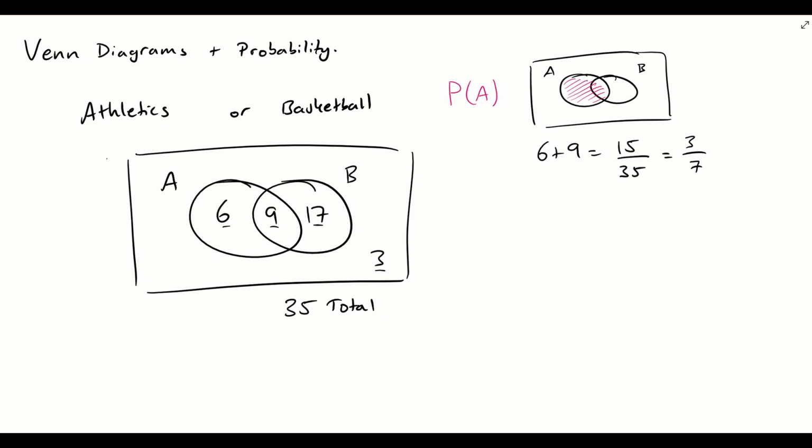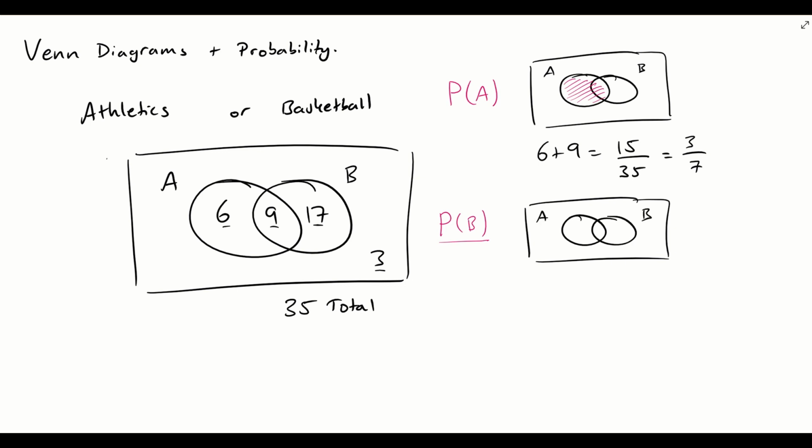Okay, to do another one, let's take a look at the probability of someone liking basketball. So this probability of B, this little notation here, probability of B means what is the probability that somebody likes basketball? Well, what area are we looking at in our Venn diagram? So let's draw another Venn diagram out. And we've got A and B. Well, for B, B is the entire B circle. So this circle here.